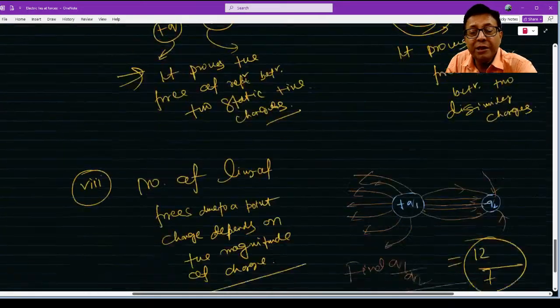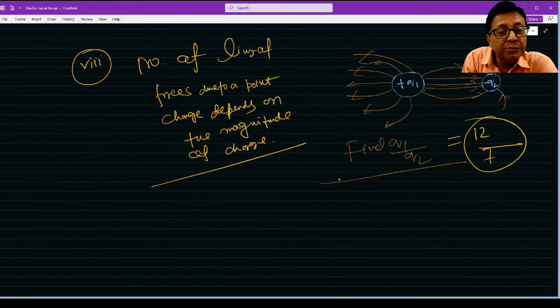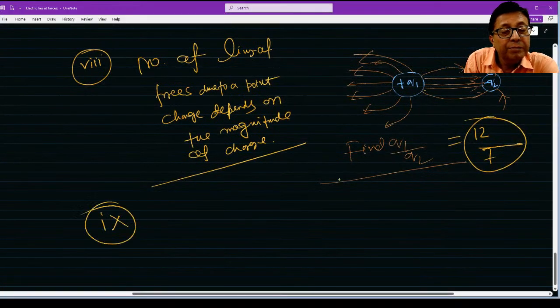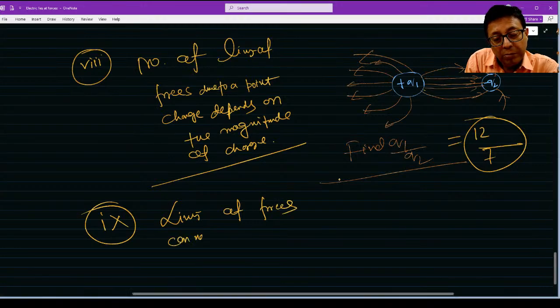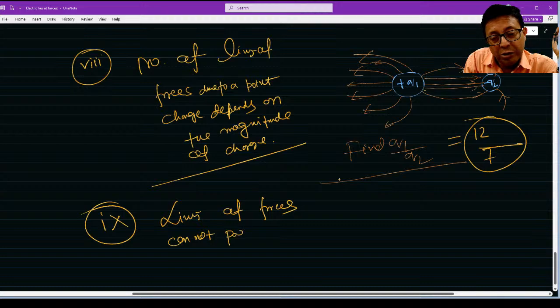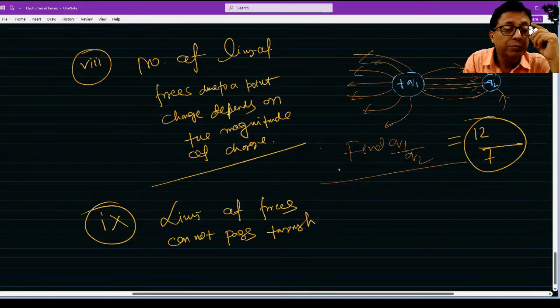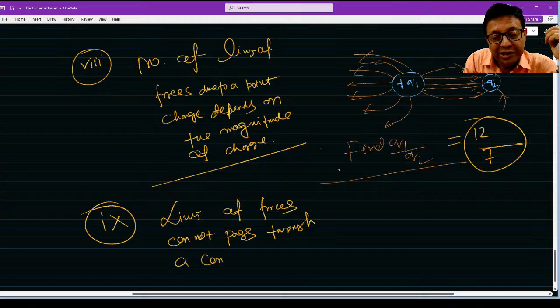Okay, this property I forgot to tell you. Number 9. Lines of forces cannot pass through a conductor. Can never.